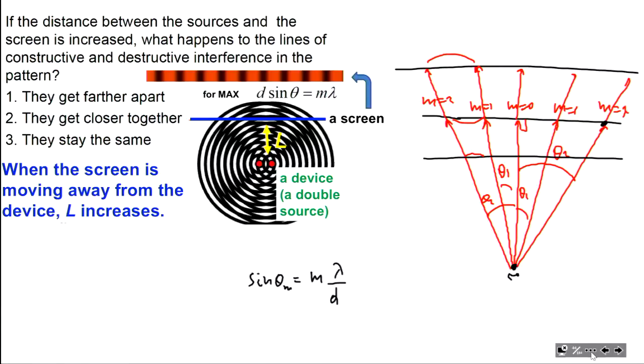This equation is useless. But why? Because it doesn't involve a variable which changes. What does change? The length, L, the distance from the source to the screen changes. So we have to write an equation which has that variable in it.